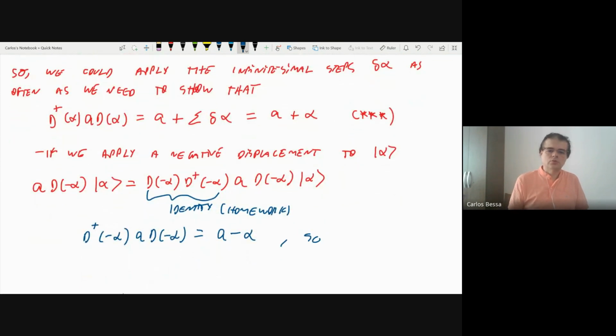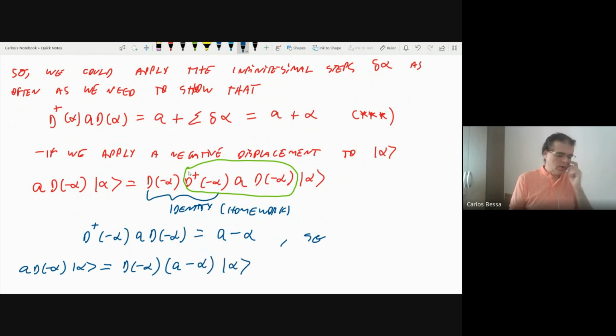So I use this property here. This will give me D of minus alpha, a minus alpha, applied to alpha.